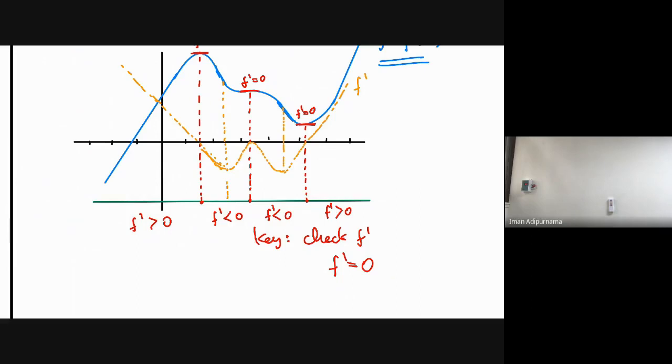And you can prove that this is really changing the concavity. But at least by checking the f prime, especially where f prime is 0, we can predict the graph of f prime.